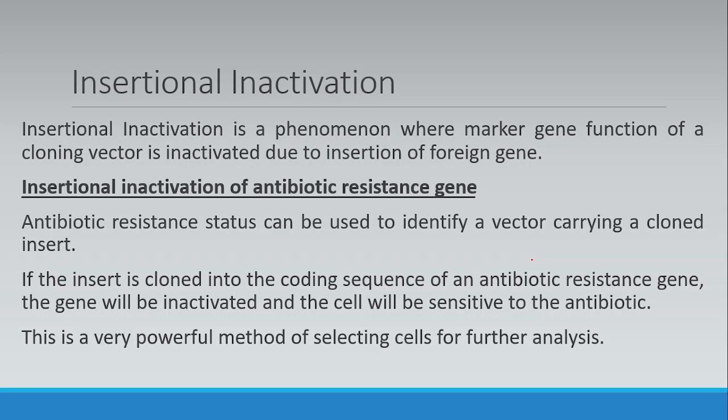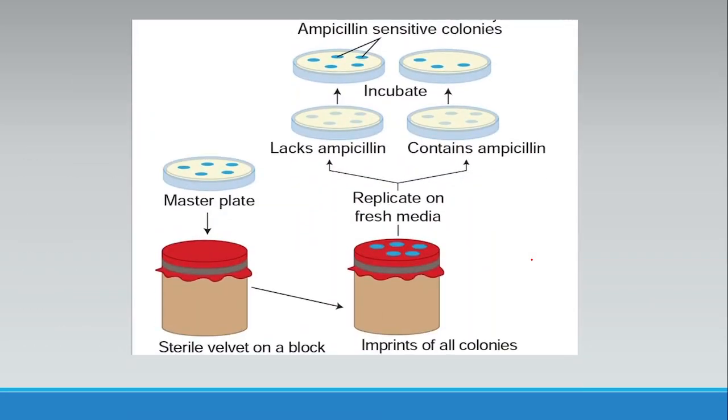So in that case, you need two antibiotic marker genes. Let's say the simplest one first, in the case of antibiotic resistance. With a single antibiotic resistance marker, the cells are grown and replicated onto a medium that contains ampicillin and one that doesn't.